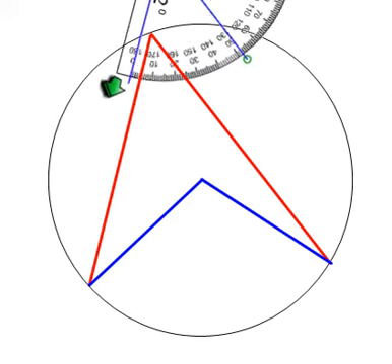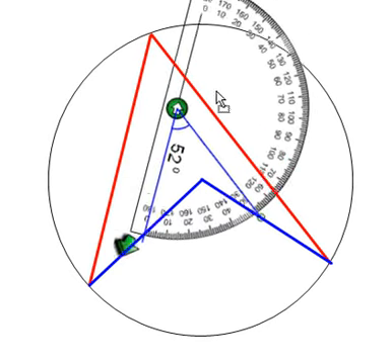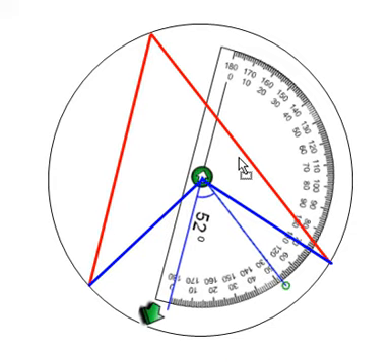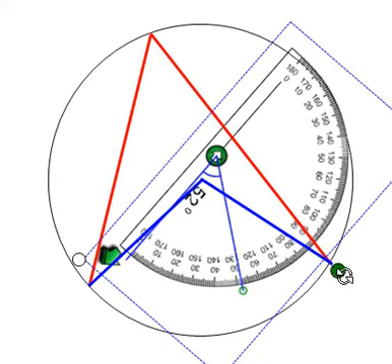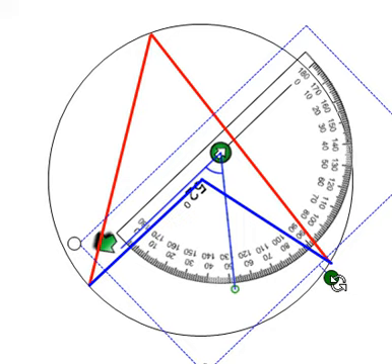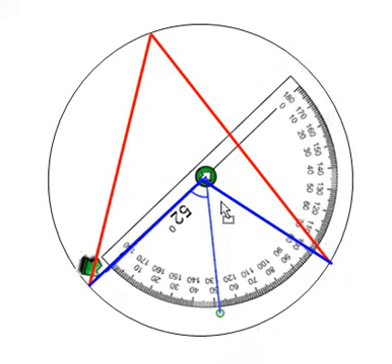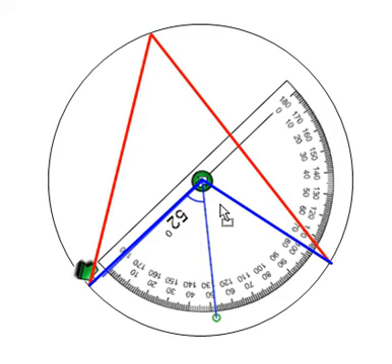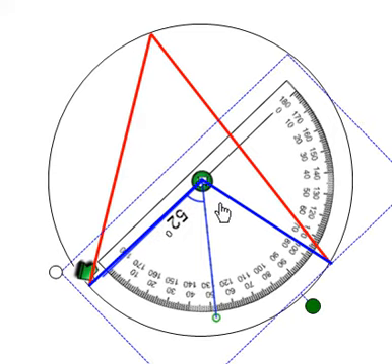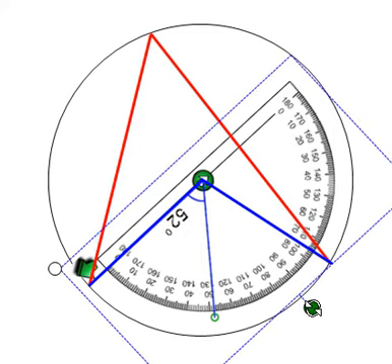Now, we will use our protractor to measure this central angle, and we'll move it into place. Recall that our inscribed angle had a measure of 52 degrees.